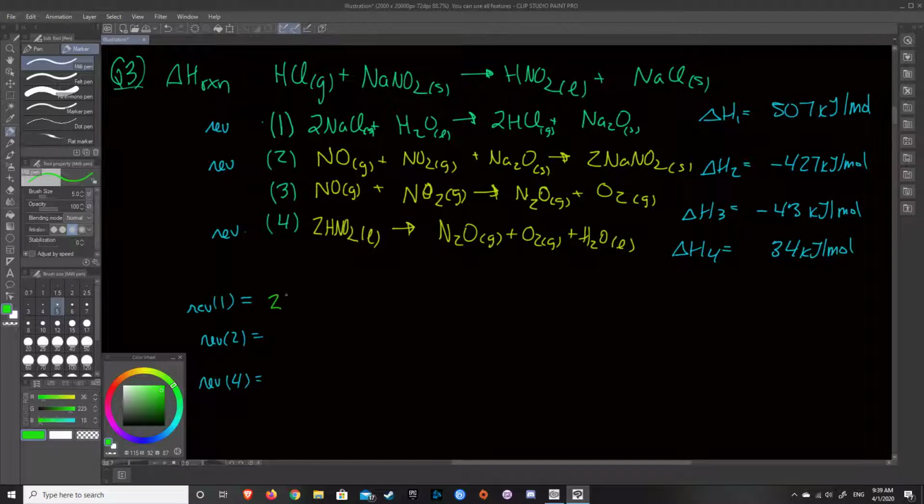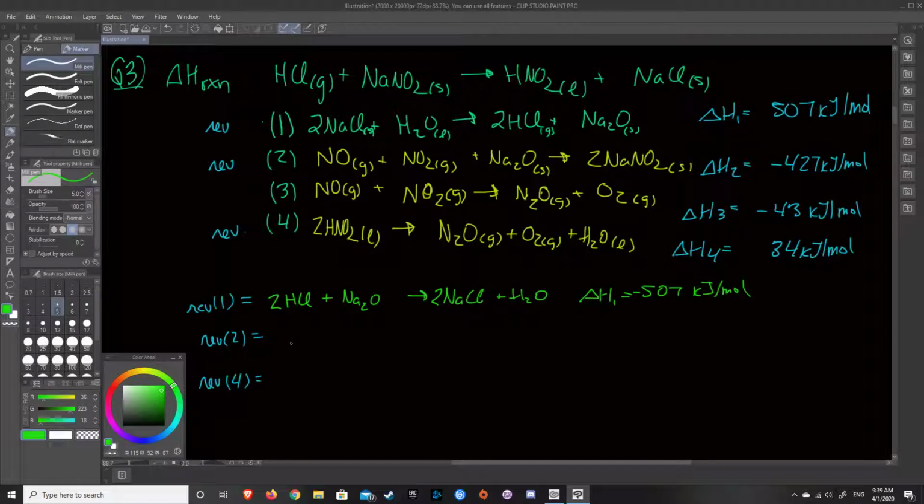We'd have 2HCl plus Na2O reacts to form 2NaCl plus H2O. And our new delta H1 is equal to negative 507 kilojoules per mole.